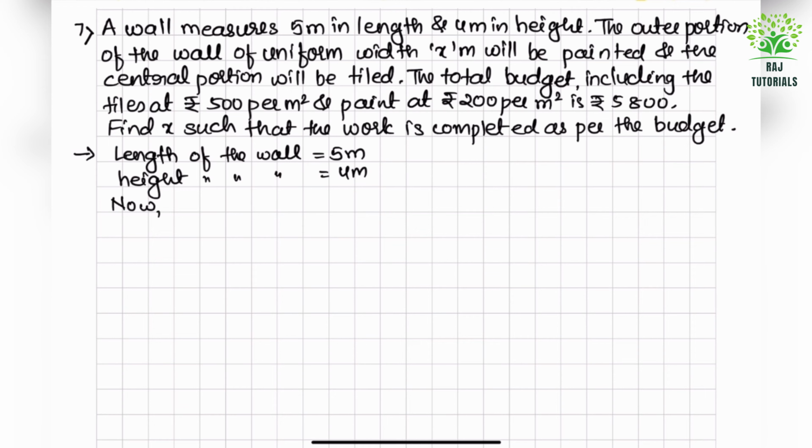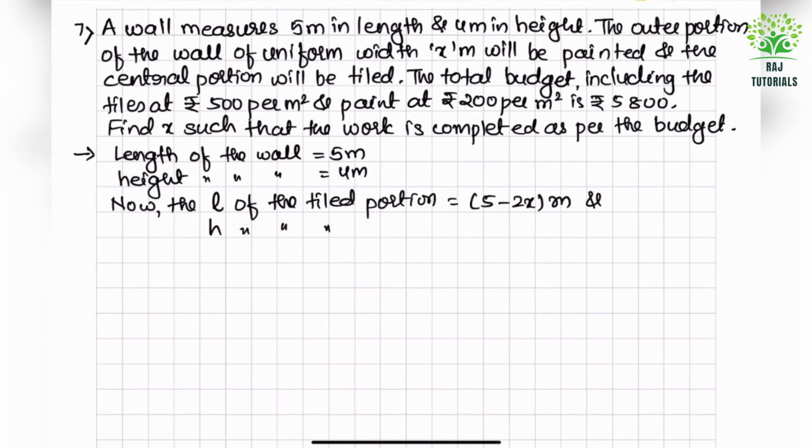Now the length of the tiled portion is equal to 5 minus 2x meter and height of the tile portion is 4 minus 2x meter.